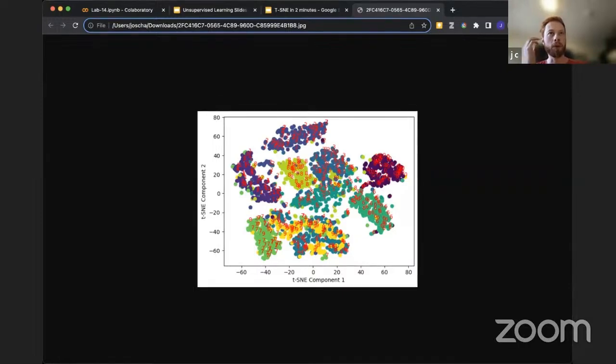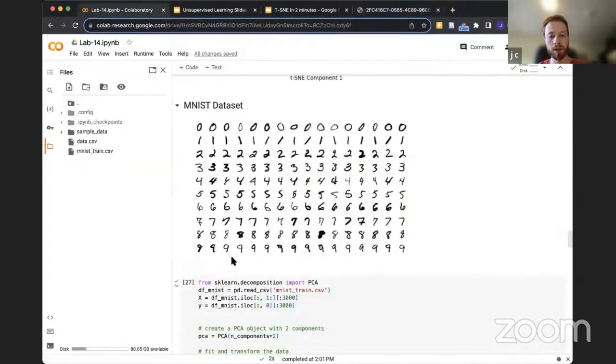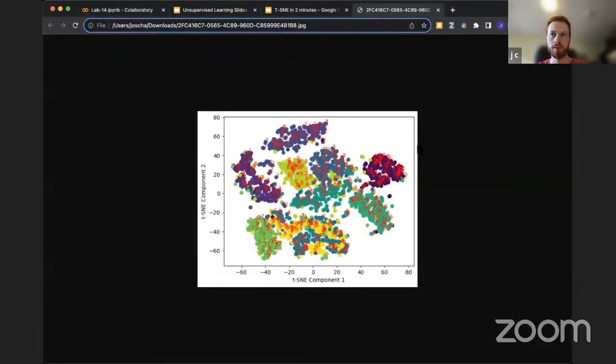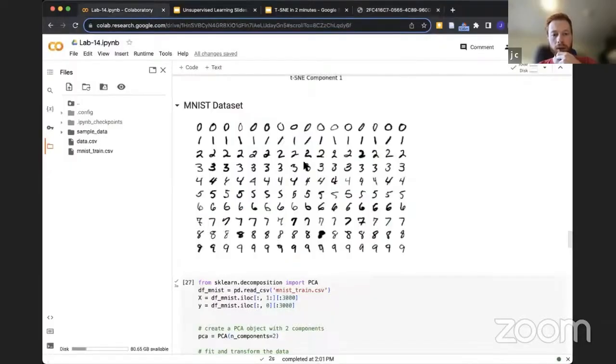Maybe it helps if you think about the shape of the numbers, if you write them by hand, because keep in mind the dataset is a bunch of handwritten digits. Okay, maybe a little bit.